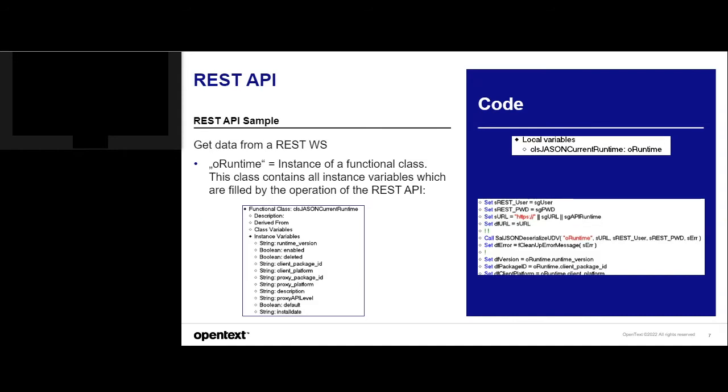Working with REST API samples means you can use a special wizard inside the Team Developer environment, and inside this environment you can type in the REST API URL, and you get at least the current runtime information, or you get all these classes, like with a SOAP web service, you get all the instance variables.